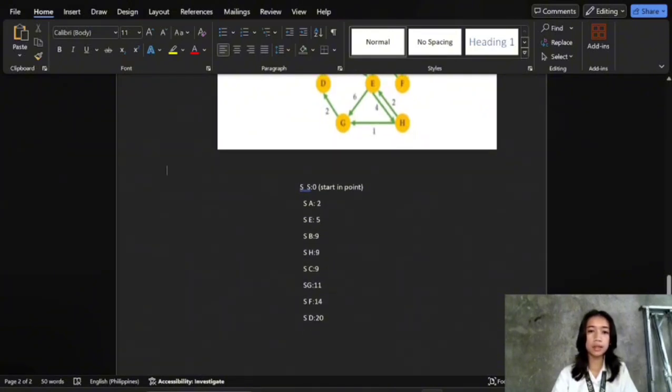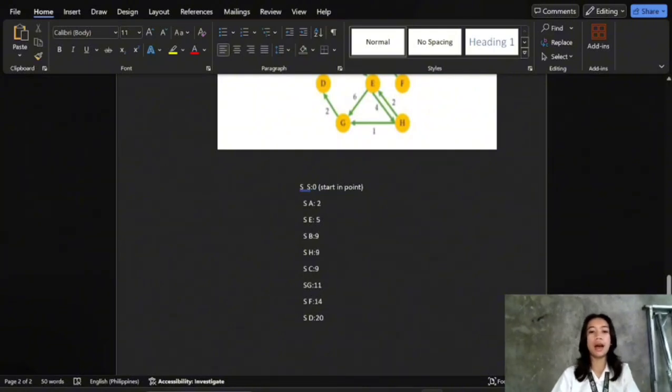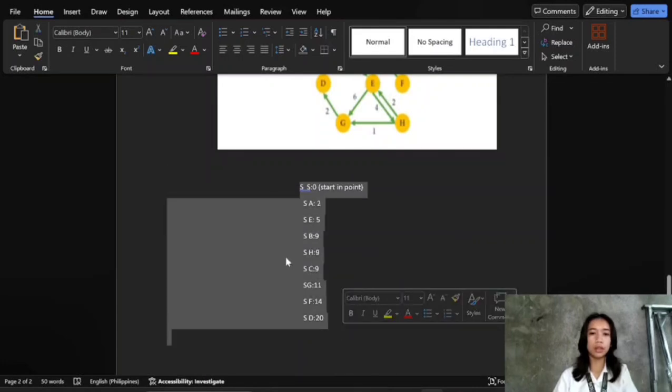The shortest path should be in sequence, from 0 or the small number until the big number, until the 20. So this is the answer.